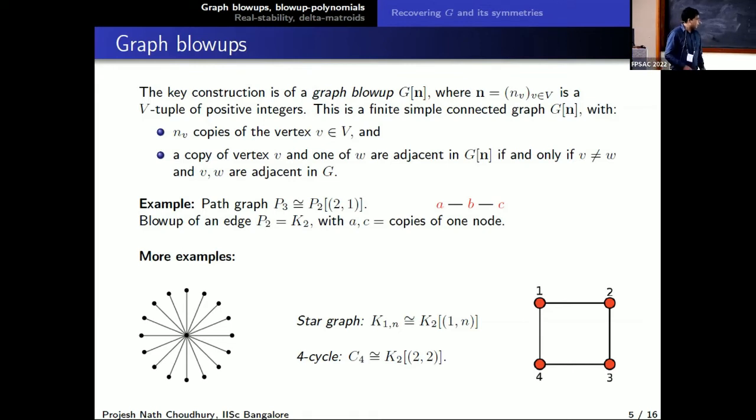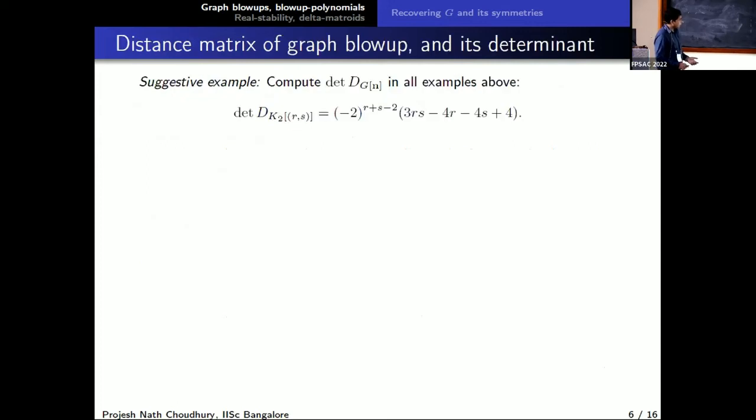And as I said, the idea is to look at the determinant. Now look at the determinant of all these blow up families. For these examples, one can explicitly calculate the determinant, and it turns out to be this expression. It is a very clean and nice expression, and it consists of 2 parts.